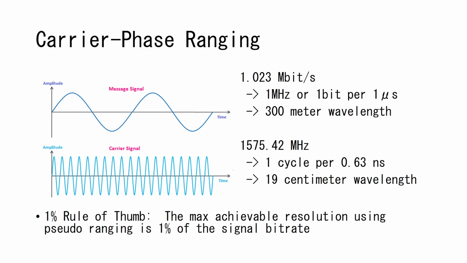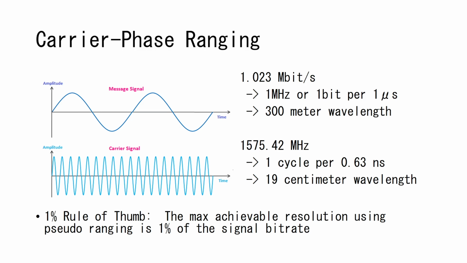If we look at the carrier signal, it's operating at a much higher frequency, 1575.42 megahertz. That's a cycle, or a rotation, every 0.63 nanoseconds.